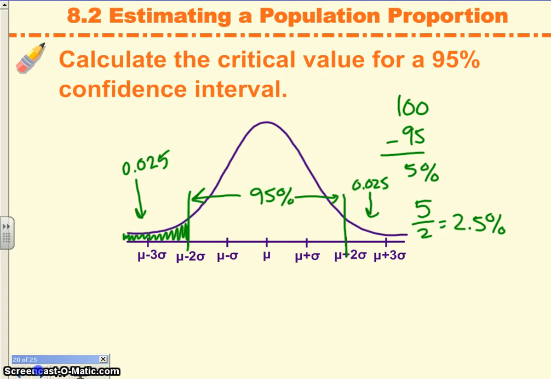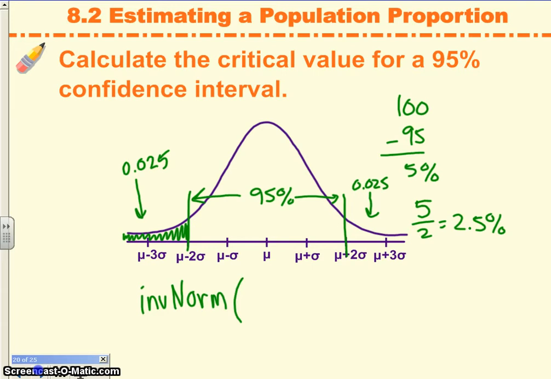Some of you are more tech savvy, so let's talk about how to do this on the calculator. Under that distribution menu where we've been finding normal CDF, binomial CDF, geometric CDF, you'll find a function called invNorm. That's inverse normal.